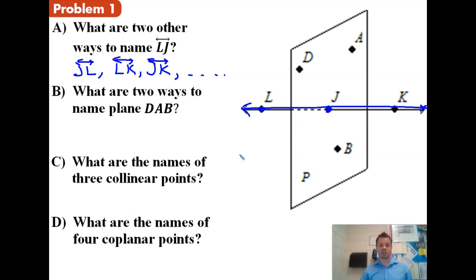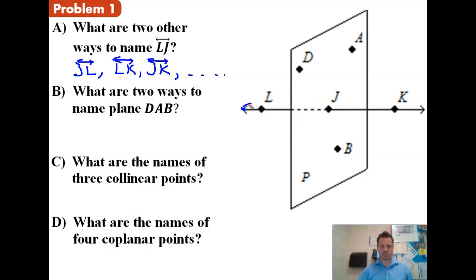If you came up with other answers that still work, that's okay. Essentially take any 2 of the 3 points in any order, and that's going to be a good way to name that line. That's also showing you one of the tricky parts of this course: I might say line LJ, you might say line KJ, and we need to recognize we're both talking about the same line. All right, so that's naming lines.